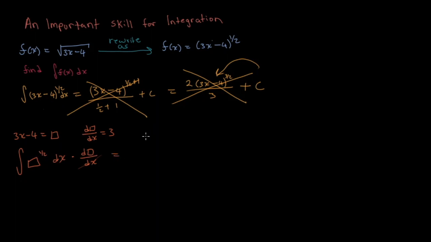This box is equal to (3x minus 4) to the power of 1 over 2 times dx, and d box by dx is equal to 3. So times 3. Which is good because now it is in a form where we're not really considering these dx's; we're differentiating with respect to the box.